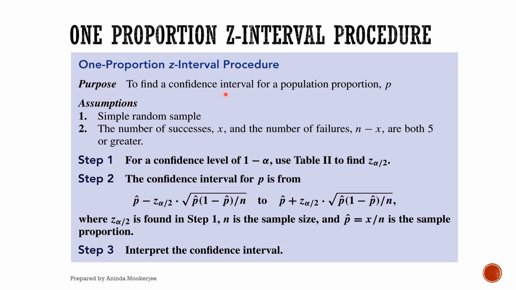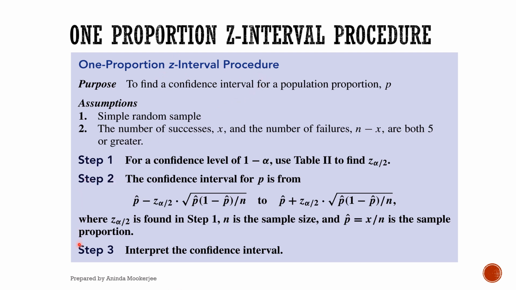The purpose is to find a confidence interval for a population proportion P. Assumptions: a simple random sample, so of course the sample has to be selected randomly. And number two, the number of successes x and the number of failures n minus x should both be greater than or equal to 5. These are the two assumptions that need to be satisfied for us to be able to use the Z interval procedure.